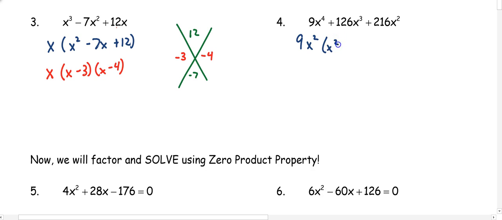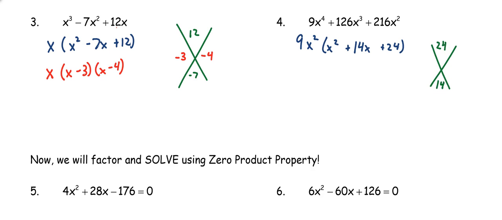So we get x squared plus 14x plus 24. Now we need two numbers that multiply to 24 and add to 14.